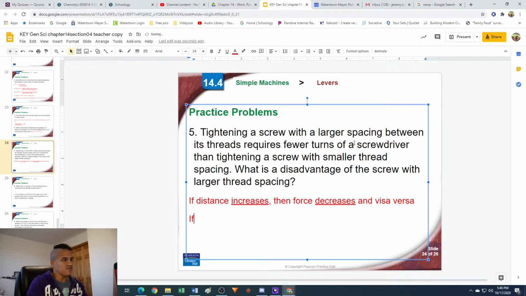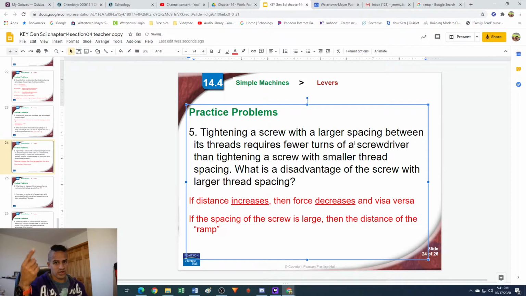So we can say that if the spacing of the screw is large, then the distance of the ramp, which is going around the screw, is small.